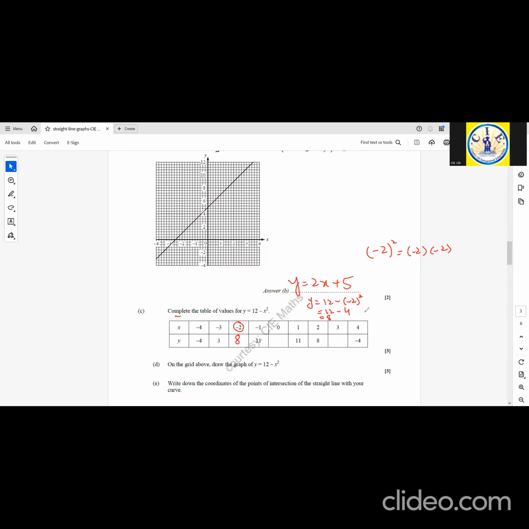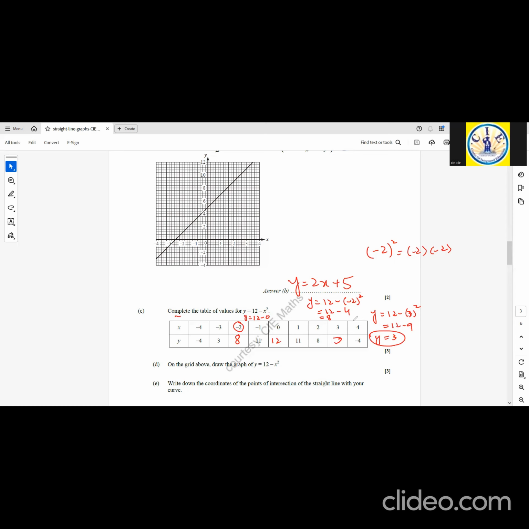For 0, when I replace x is equal to 0, the value of y will be 12 minus 0, that is 12 only. And when I replace x is equal to 3, so 12 minus 3 squared, 12 minus 9, that is 3. So this is how we complete this table.